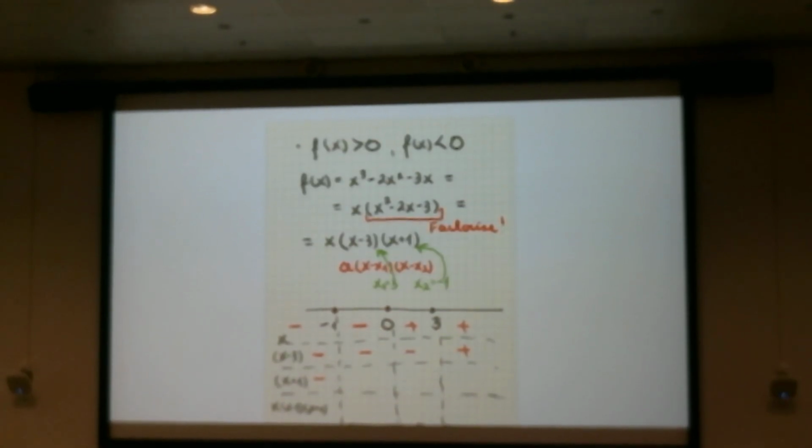Now, if I insert something between minus 1 and 0, so let's say minus 0.5, and if I add 1 to that number, because here I'm adding 1, then this is going to be plus. And now it's very clear. If I insert anything bigger than 0 or anything bigger than 3, this is going to be positive. Okay, so we are now done.